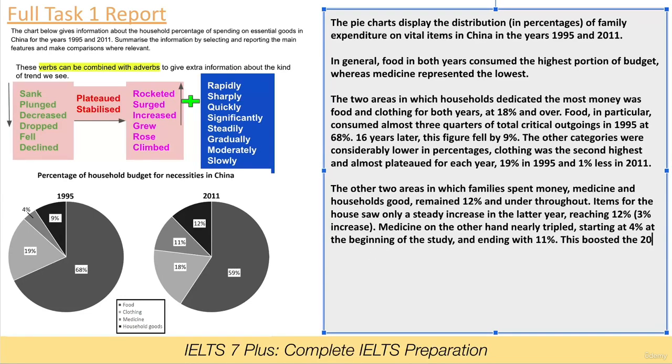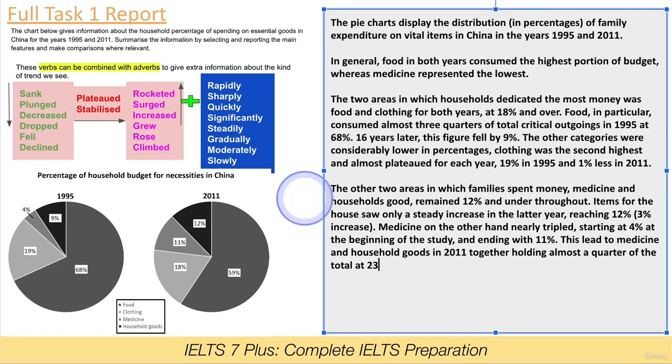This led to medicine and household goods in 2011 together holding almost a quarter of the total at 23%.